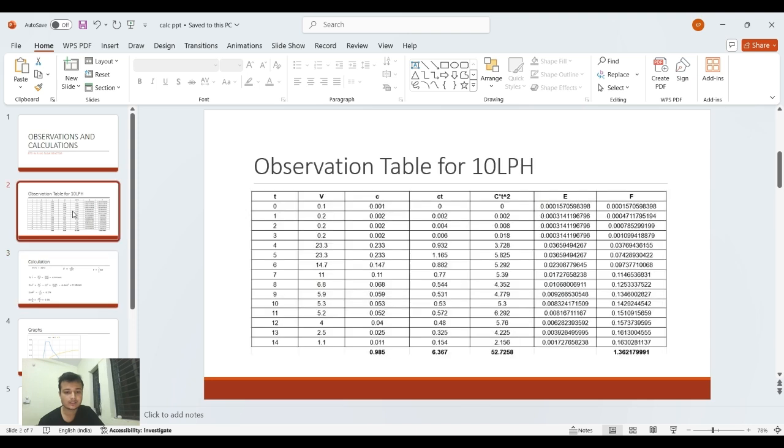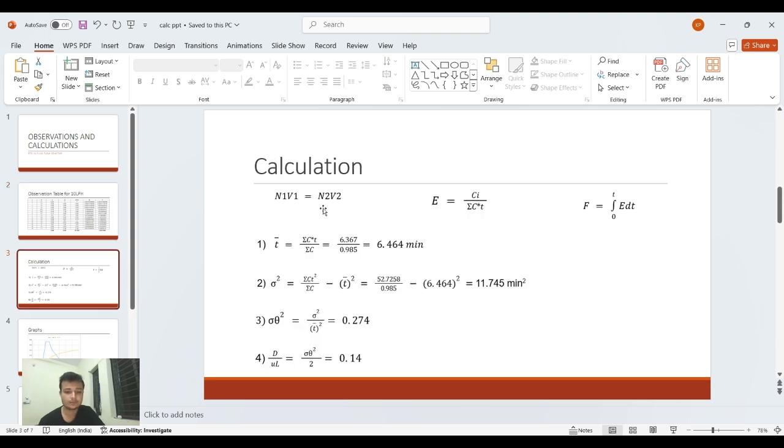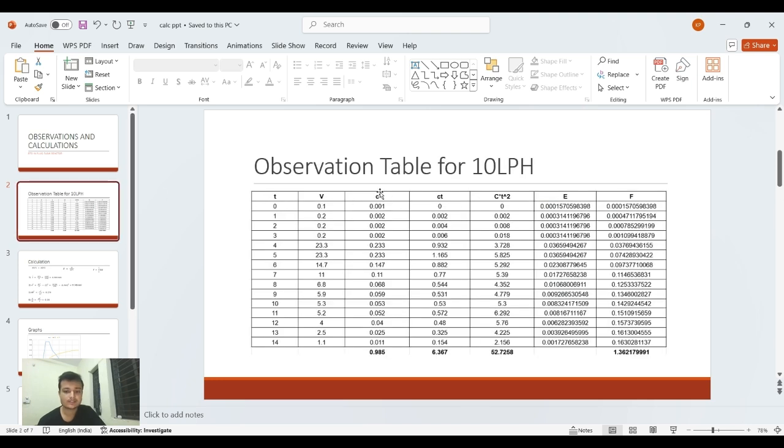We will take V1 as this value V, and this V2 will be fixed, that is the volume we took during the procedure of glacial acetic acid, that is 10 ml. So from here we can get N2, and N2 is basically the same as C, so N2 equals C.